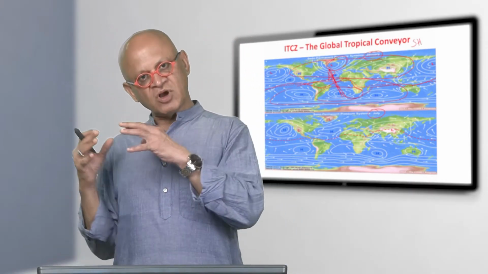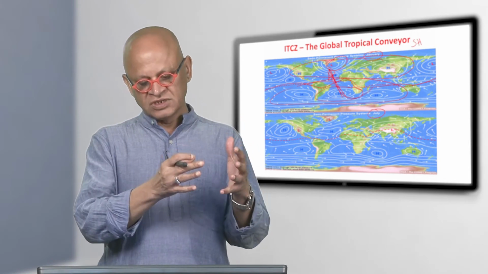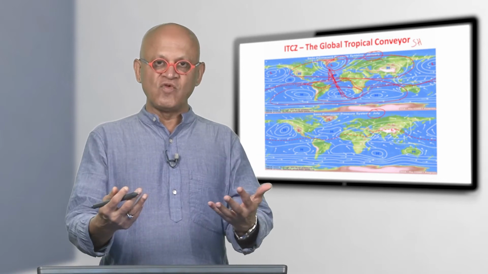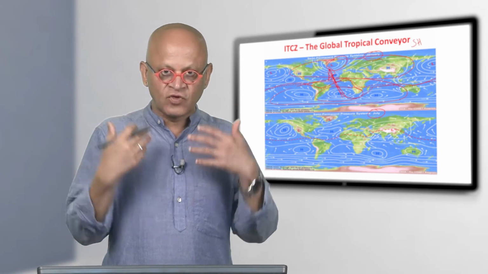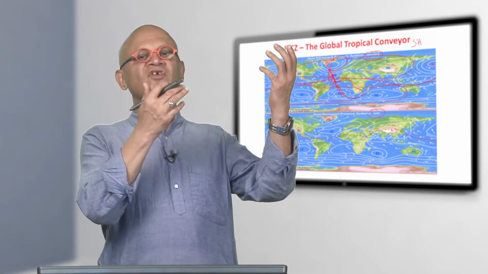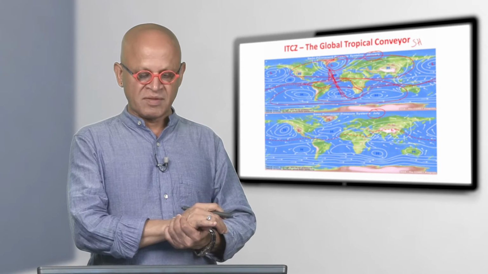You're moving heat from a colder place to a warmer place because the ocean is mechanically being forced to move the heat. The atmosphere is forcing the ocean circulation in such a way that it is dragging the heat from the colder hemisphere into the warmer hemisphere.